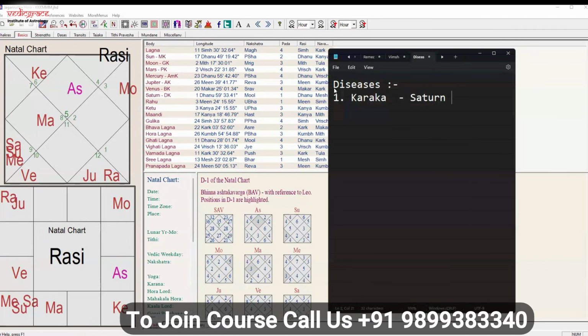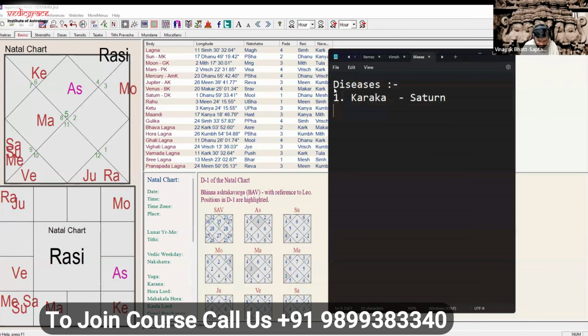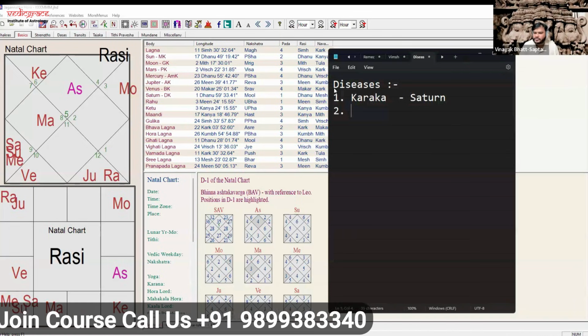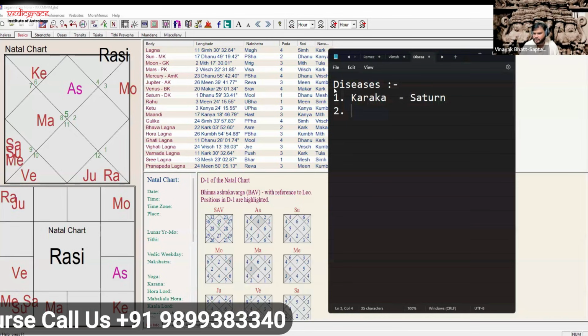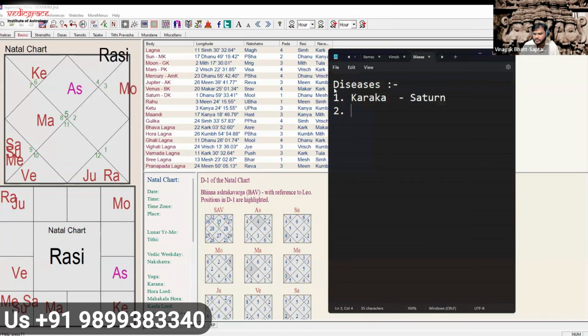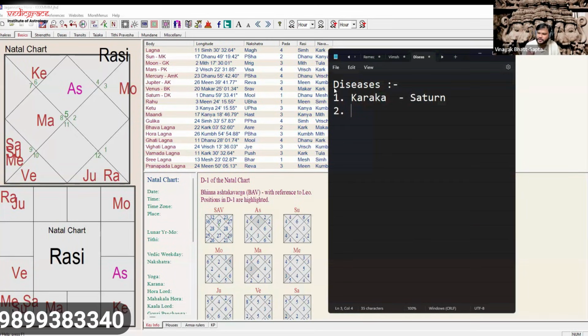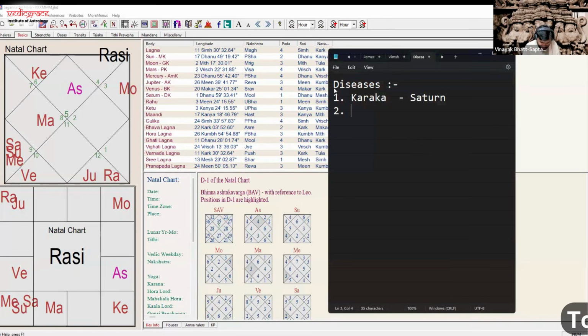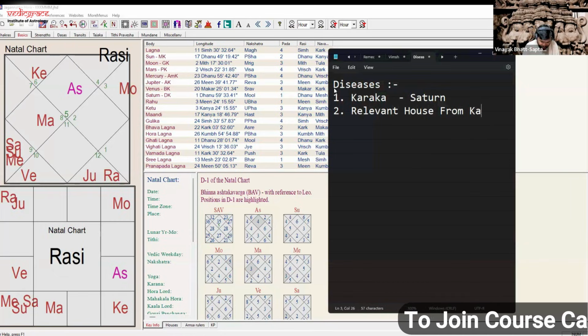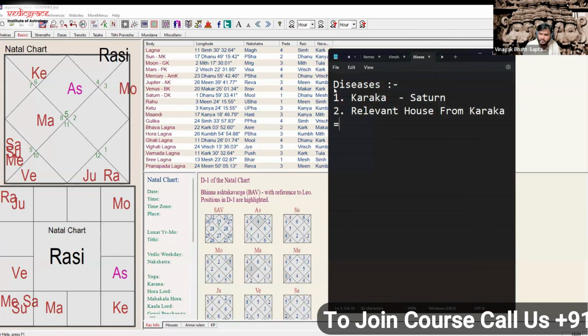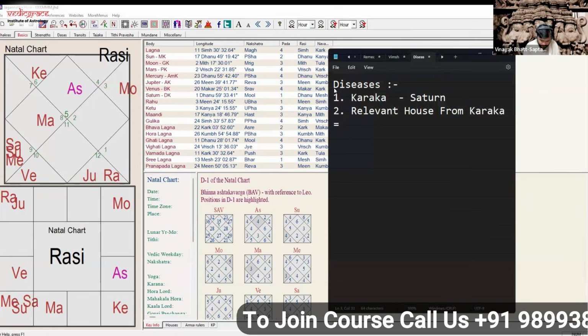Now understand the actual Vedic Jyotish, which we call Arsh Jyotish or Vedic Jyotish. After studying the karakatwa, we should see the relevant house from Karaka. What does it mean?